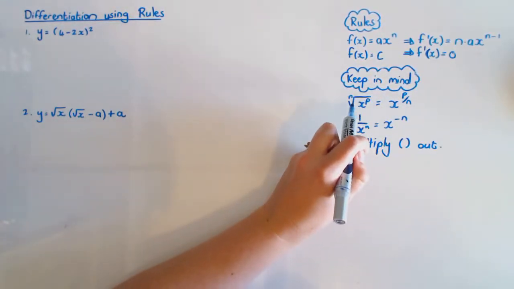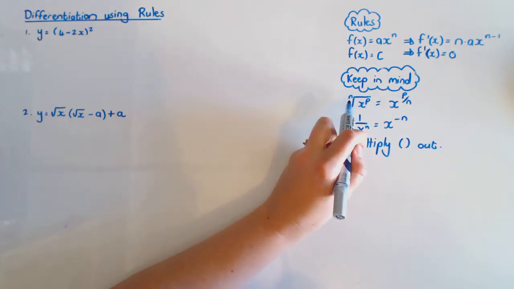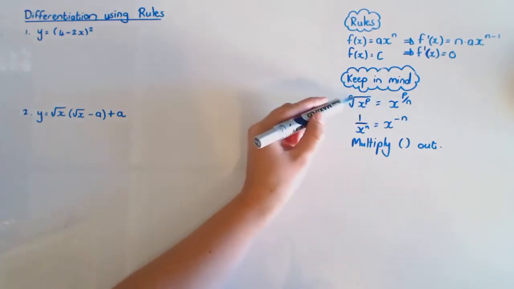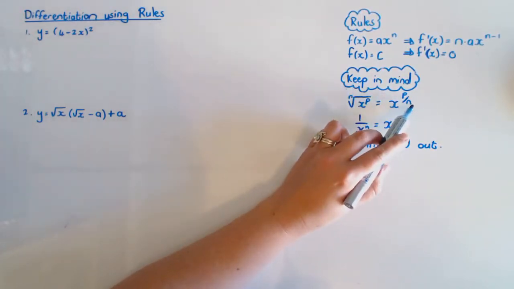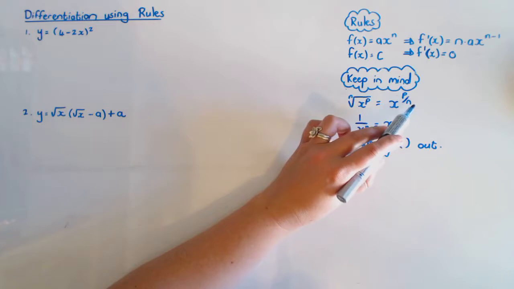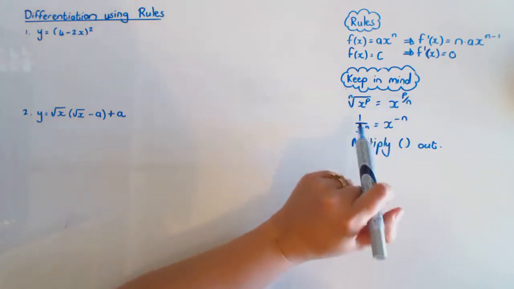So keep in mind that roots I can write as an exponent. A root is just the denominator of a fraction exponent. So my exponent stays my exponent, and the root just goes under the line in the exponent.